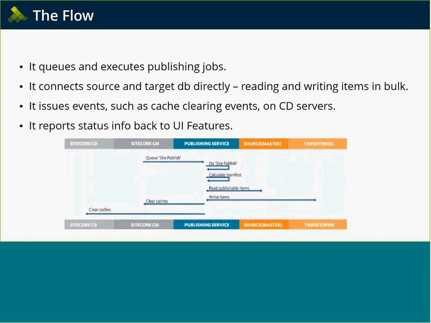It will calculate the manifest, meaning how the items will go from one server to another. After that it clears the cache from the servers, and then reports status back to the UI interface, like publishing finished and whichever items were published.